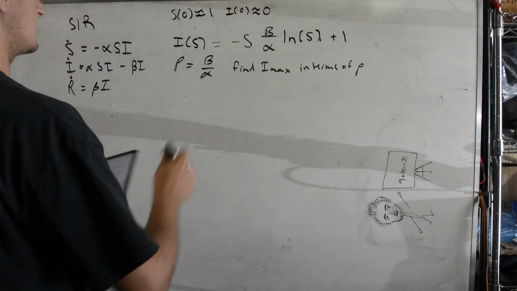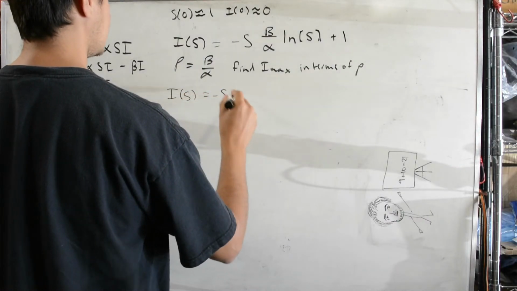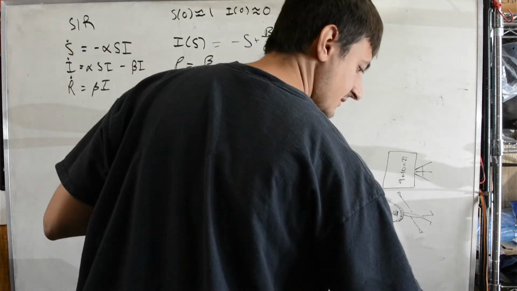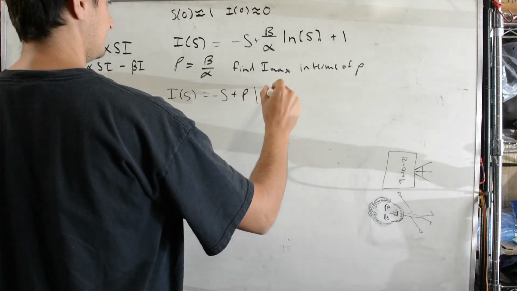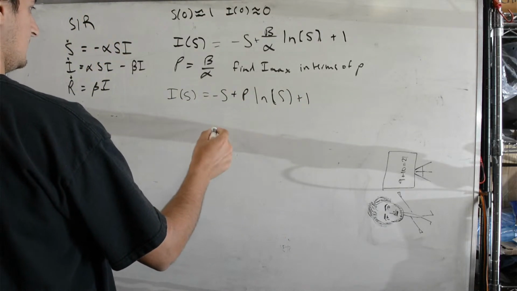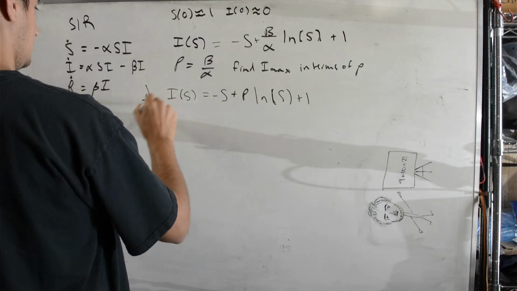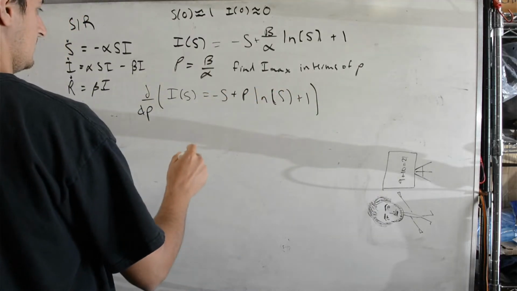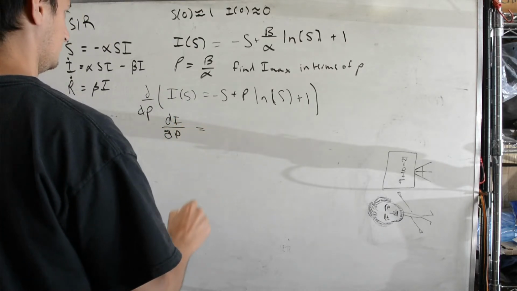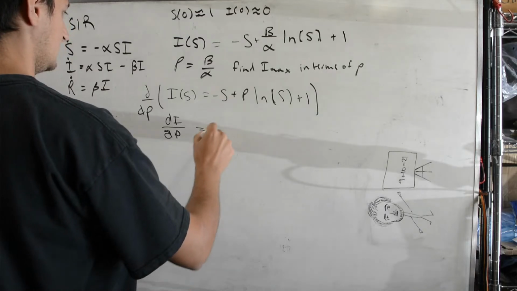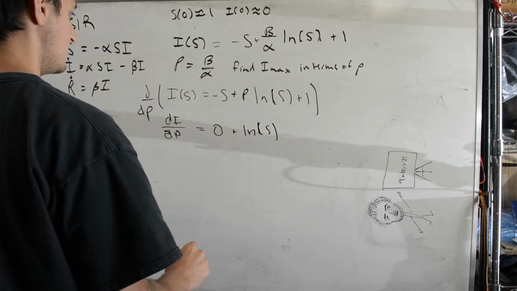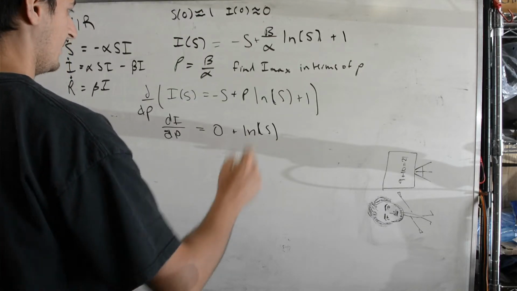So this becomes I of S is equal to minus S plus... Okay, so if we take the derivative of this, we get this is going to be 0, and this is going to be ln S. So then, don't we want to find the zeros of this?